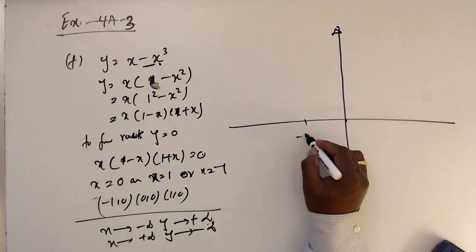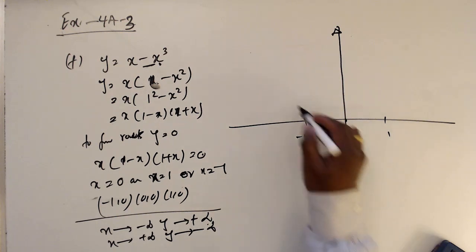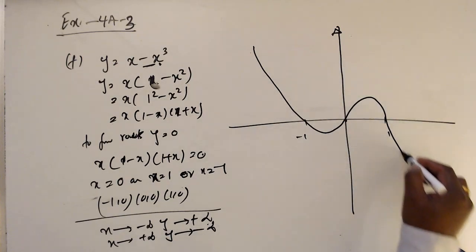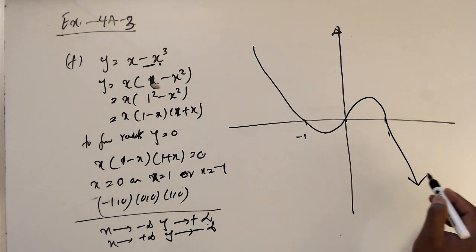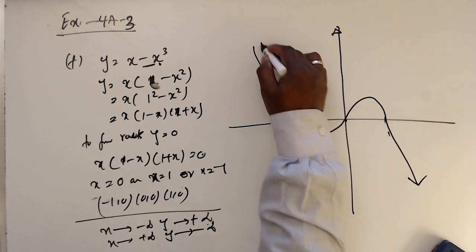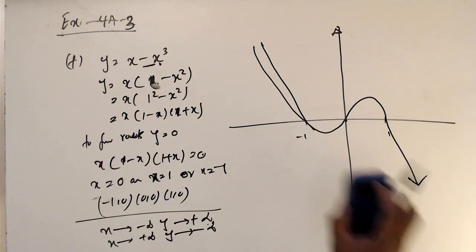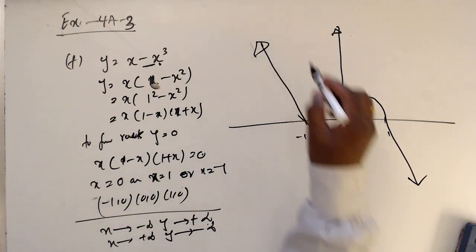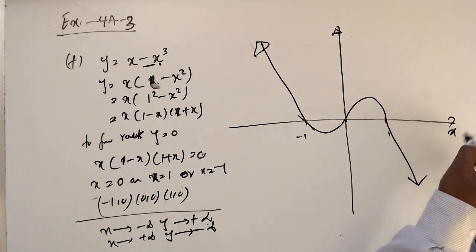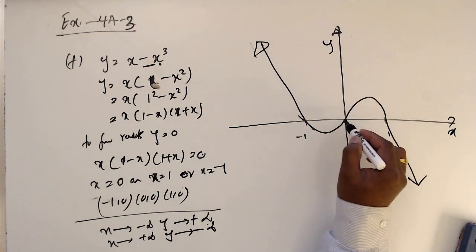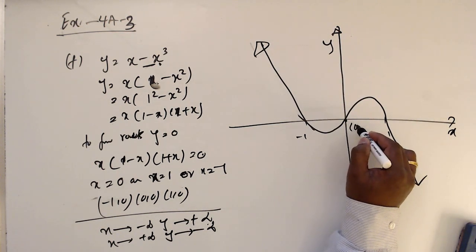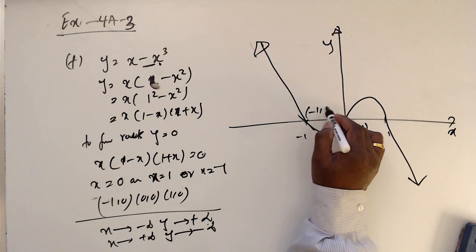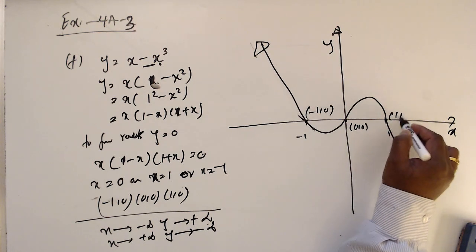On the axes, this is (−1, 0), this is (0, 0), and this is (1, 0).